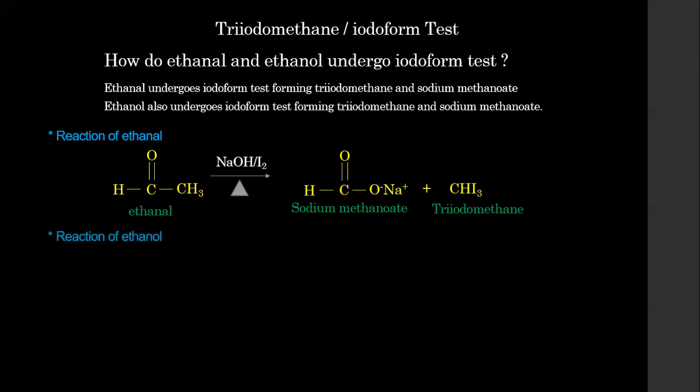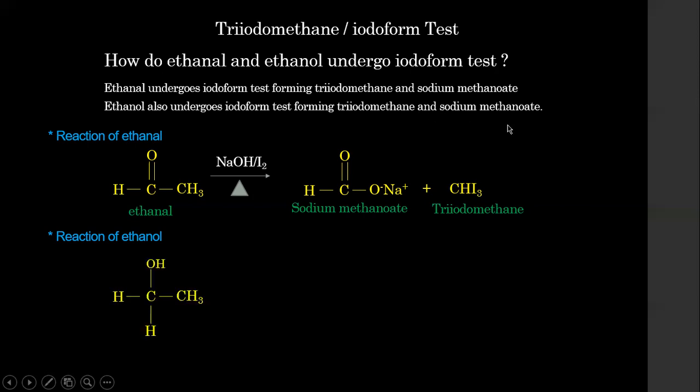Afterwards, we go to the next one, the reaction of ethanol. Remember I told you at the beginning, this ethanol is the only primary alcohol which can undergo the iodoform test. And here also, it's not a big deal. See, ethanol also undergoes the iodoform test, forming triiodomethane and sodium methanoate.